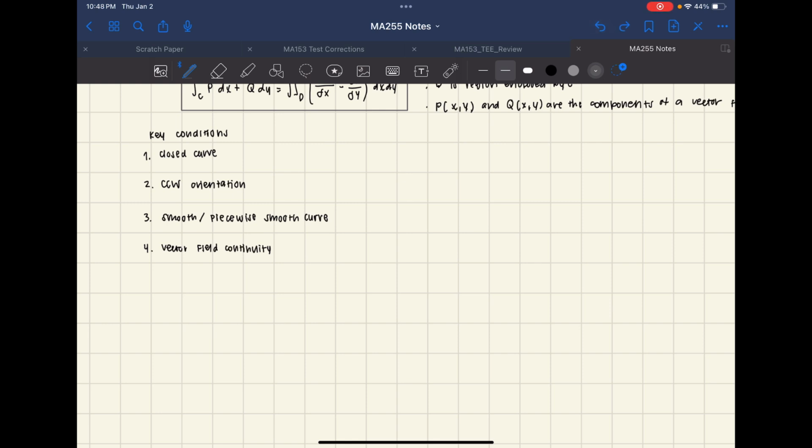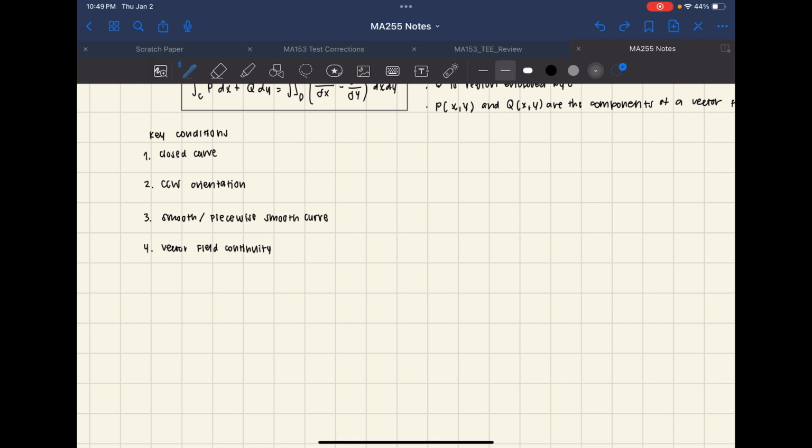The curve must be oriented in this way, and if it's clockwise, the result will have a negative sign. Third condition, piecewise smooth curve, which means that the curve should be smooth or consist of smooth segments. And lastly, vector field continuity. The vector field F must have continuous partial derivatives inside the region D. So that's what that means.